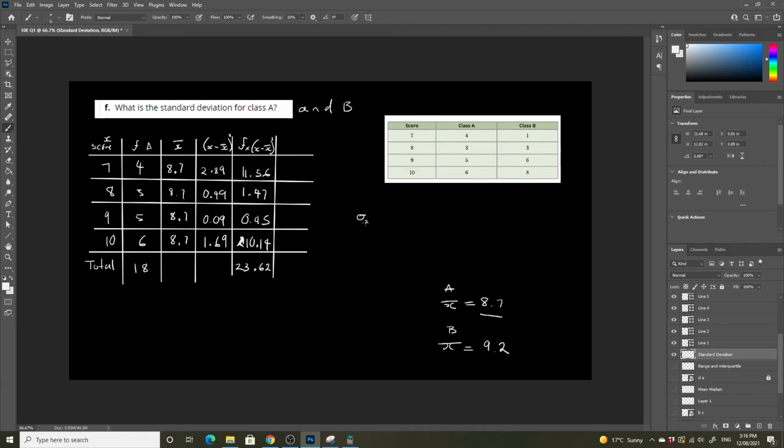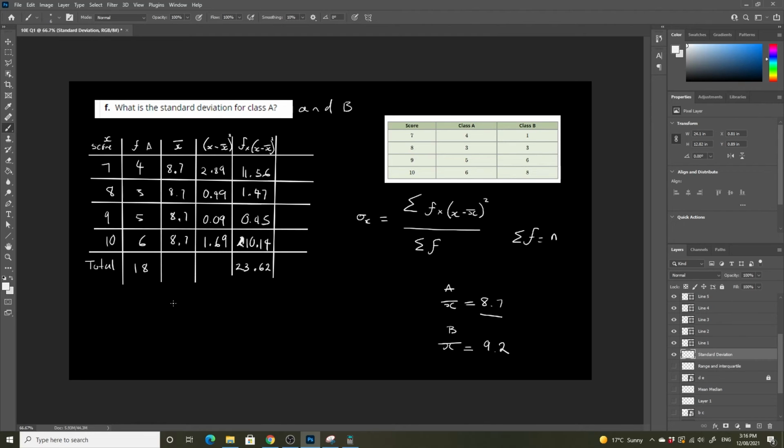So the standard deviation is equal to the square root of the sum of f times x minus the mean bracket squared over the sum of frequencies, and the sum of frequencies is also called n.